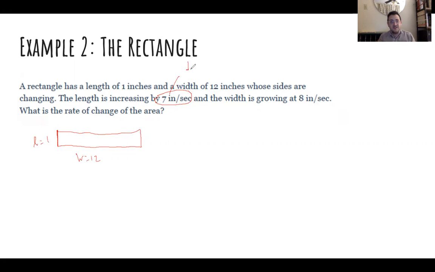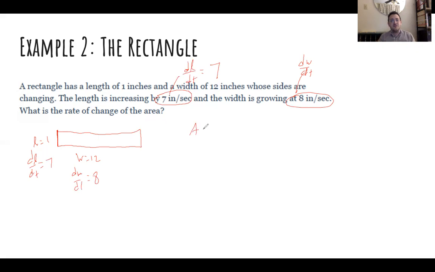It tells us that dL/dt, the change of length, is increasing by 7, so it's a +7, and the width is growing at 8, so this would be dW/dt. And the question is, what is the change of area going to be? So I'm just going to write dL/dt and dW/dt. So this would be 8, and this would be 7.